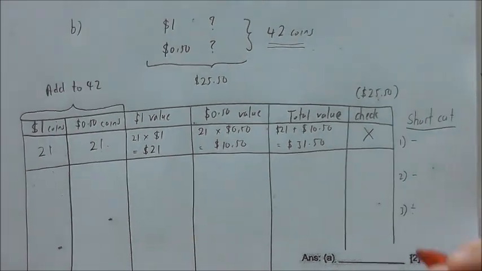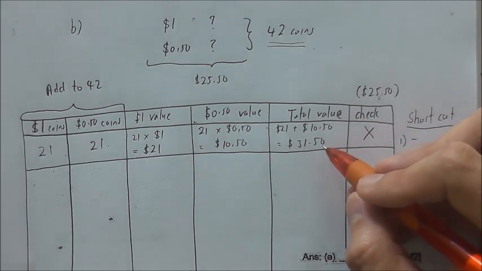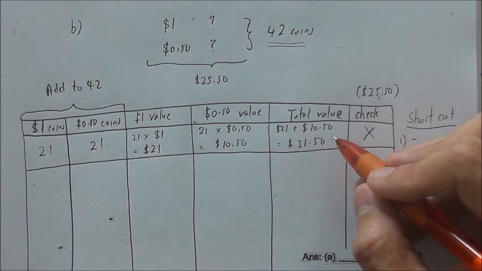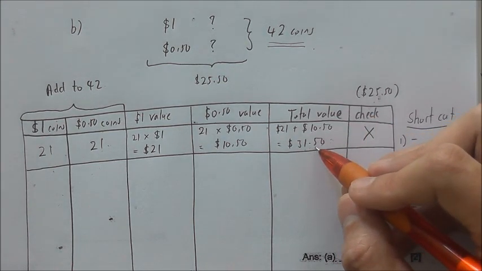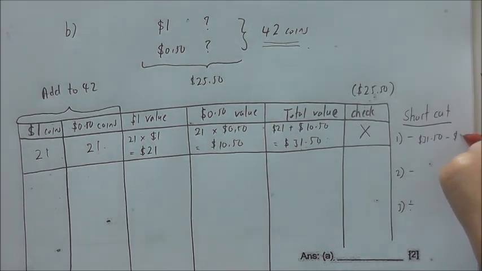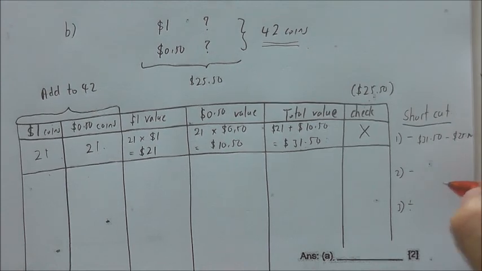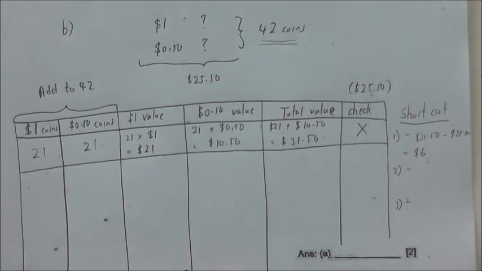Okay, so the first minus we do is that we take the total value and the check. Which one is bigger? We take the bigger one minus the smaller one. So $31.50 minus $25.50, I will get $6.